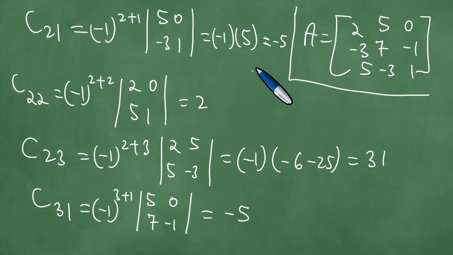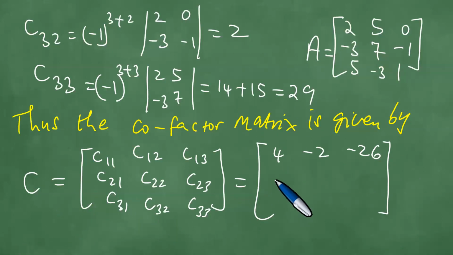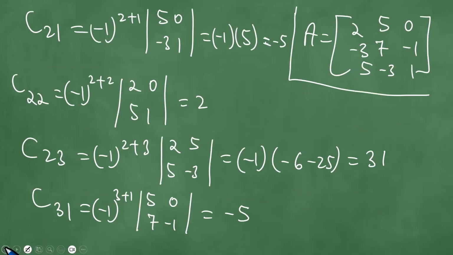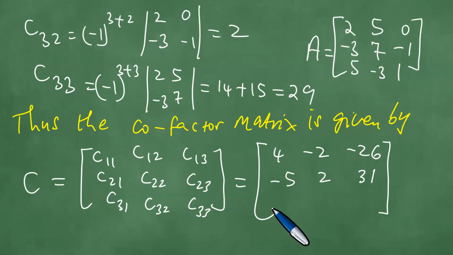So it is minus 5, 2, 31. Okay, the third row is minus 5, 2, 29.